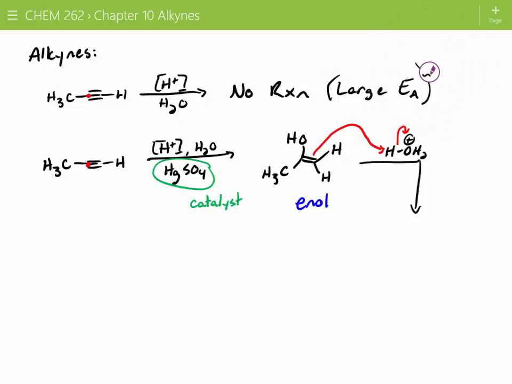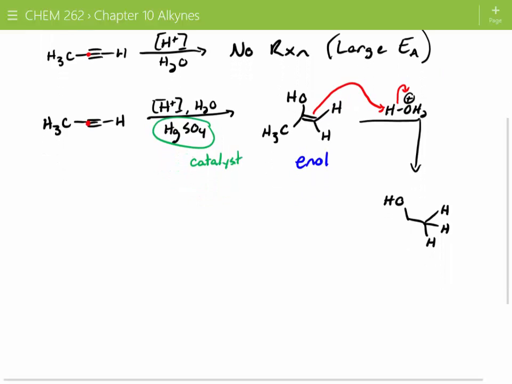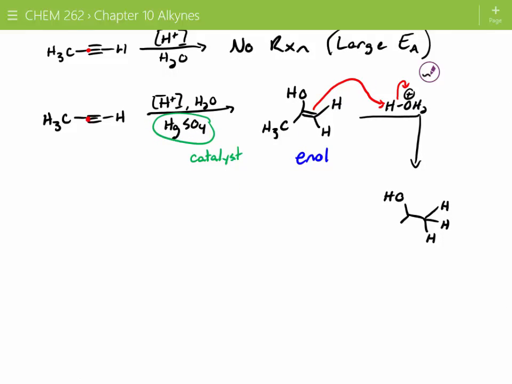Sorry, I know I'm ruining everybody's notes here. In this case, we're going to add our proton to our more substituted side. So this is just like our acid-catalyzed hydration from last chapter. And we've got our CH3 over here, along with our positive charge. Is there any way we can delocalize that positive charge?